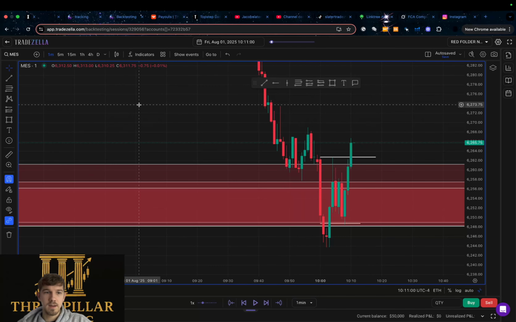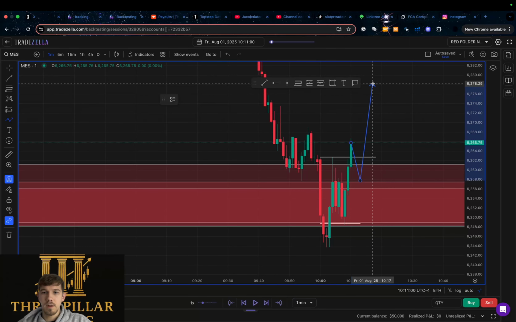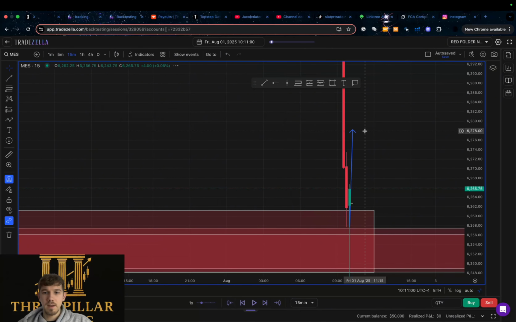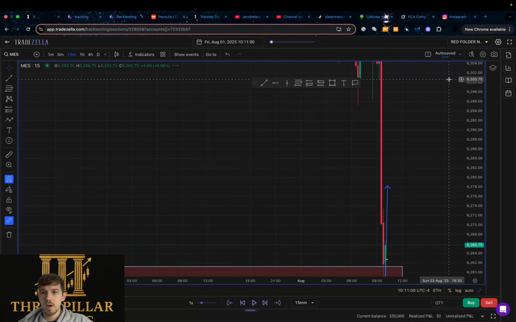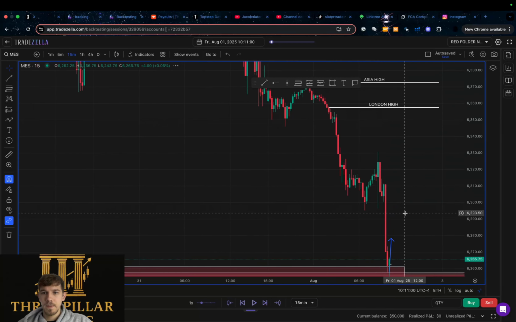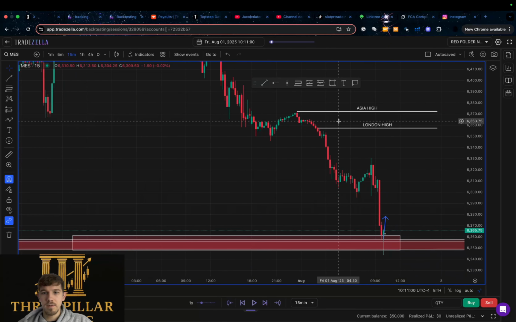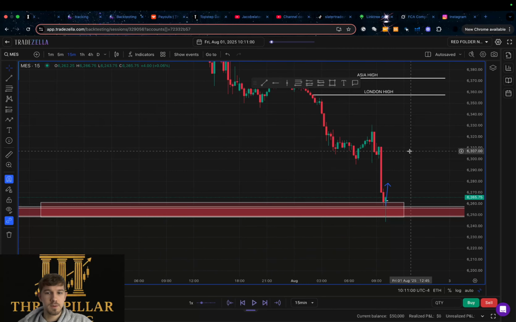So if price then decided to come back to this fair value gap, we could get an entry off the fair value gap to go long, because above on the 15-minute and the 1 hour we've still got London and Asia highs resting above. I mean, they're miles away, but this is a potential target to go towards.